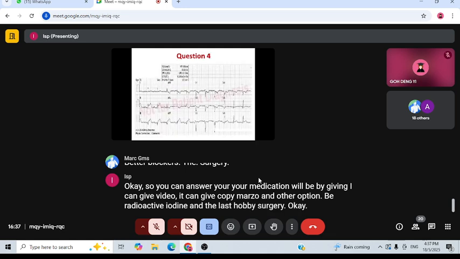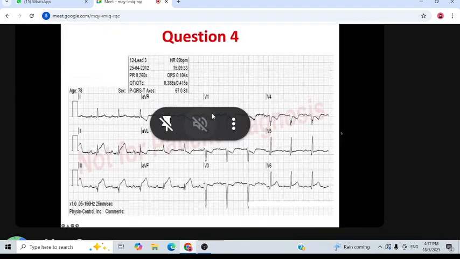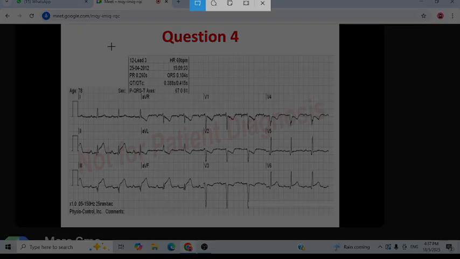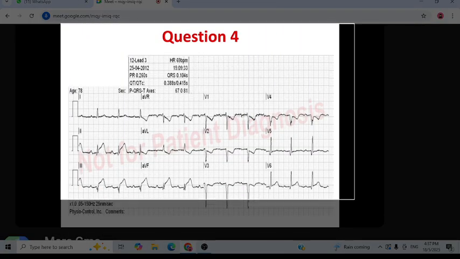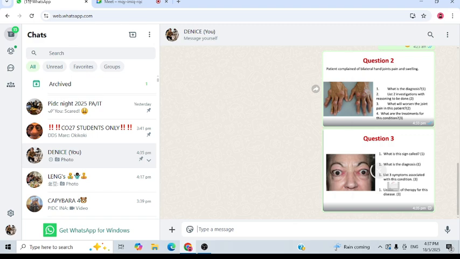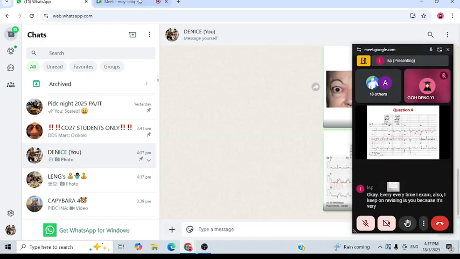Again, it's ECG. ECG will haunt you for life. So what do you see in this ECG? Lines, doctor. Up, down, up, down. Every exam I keep on revising ECG because it's very important.